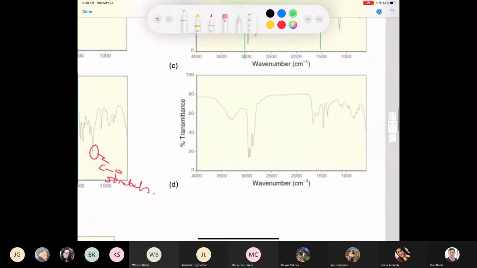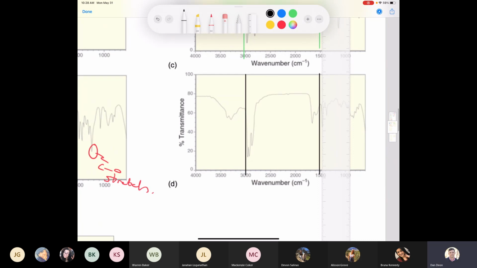What about D? I'll leave it up to my students. Again, if anybody has a suggestion. Yeah, another amine. Yep, absolutely. Here we have another amine. So if I just move this down, come on, ruler. There we go. You notice that there's two signals here. So this would be a primary amine, and these are the NH stretches.